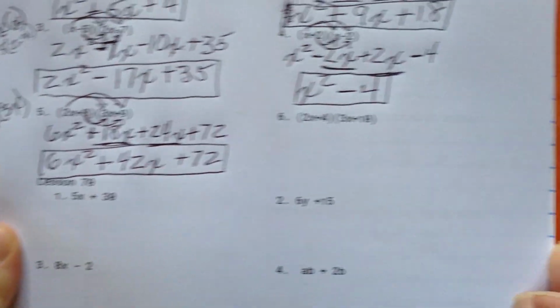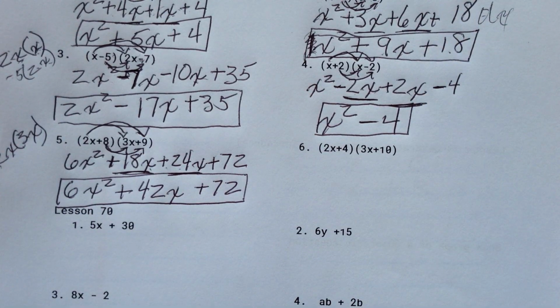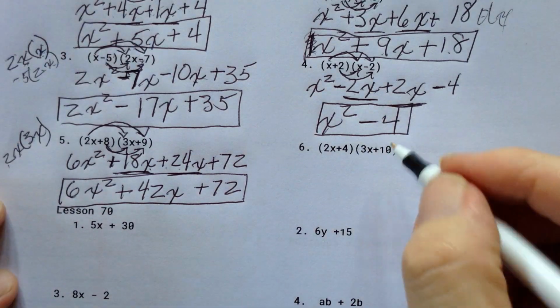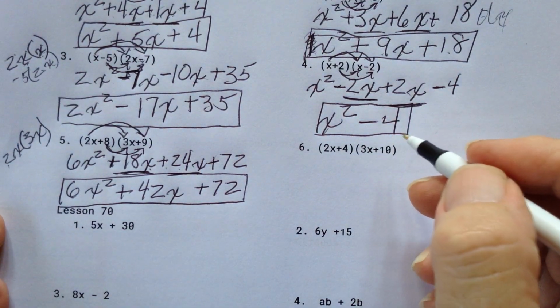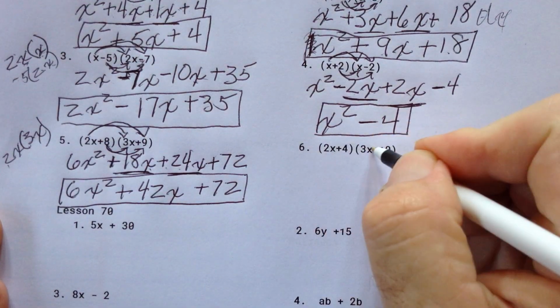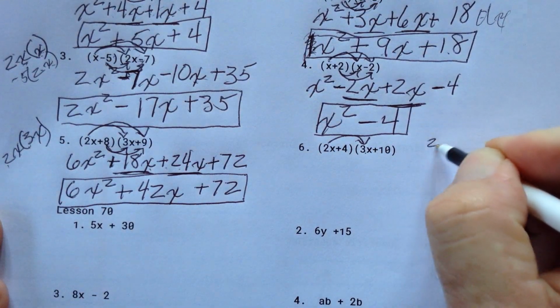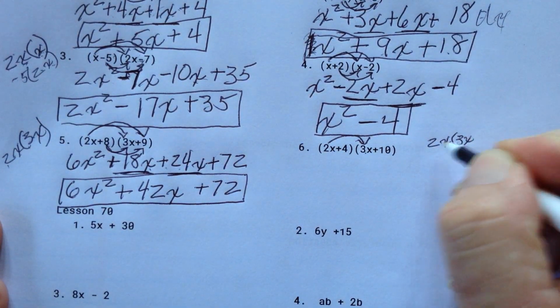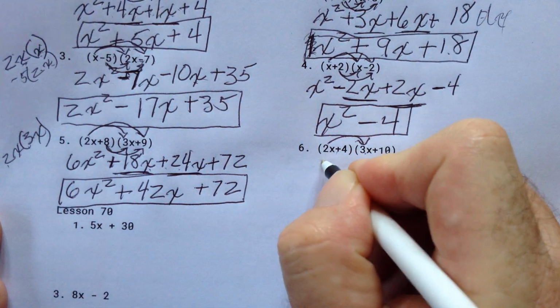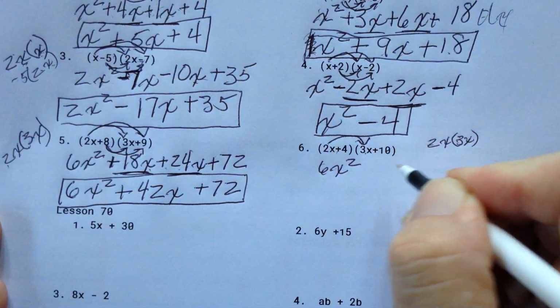And then the last example, and the rest of them in the book are just like this. It gets repetitive, but the more you practice, the quicker and easier it becomes. So here I got 2x times 3x, so 2 times 3 is 6, and then the x's become x squared.